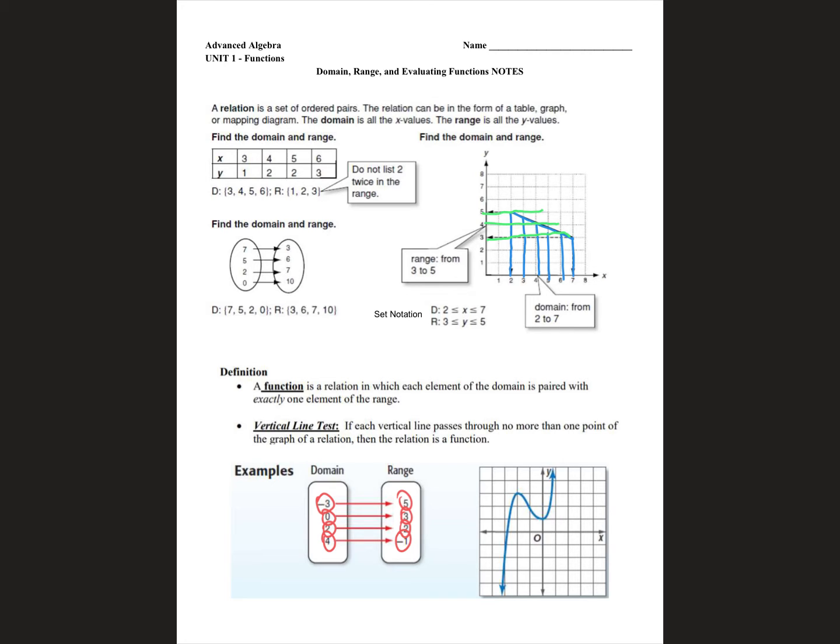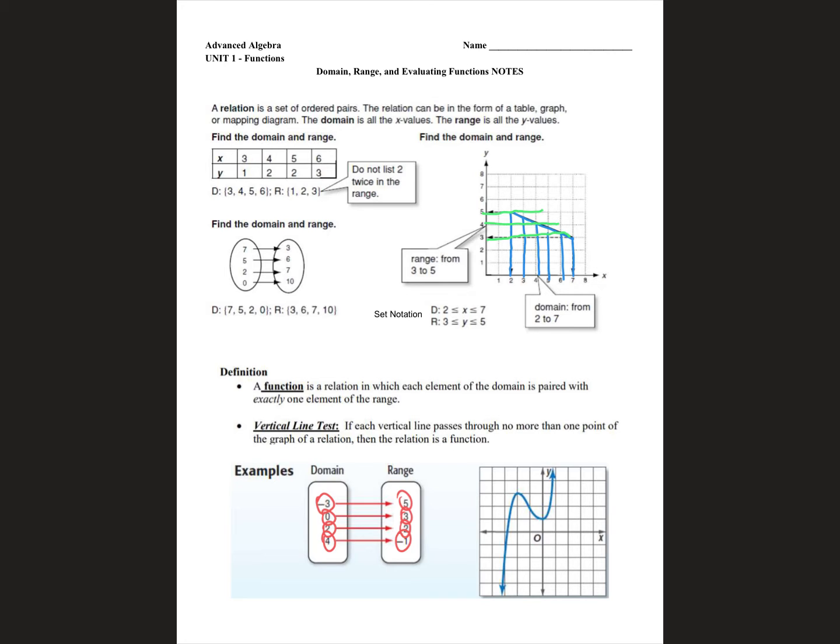Now, from a graphical standpoint, we can use what's called the vertical line test to do a quick check to see whether or not a relation or a set of ordered pairs is a function. The vertical line test simply says if each vertical line passes through no more than one point of the graph of a relation, then that relation is a function. So what does that mean?